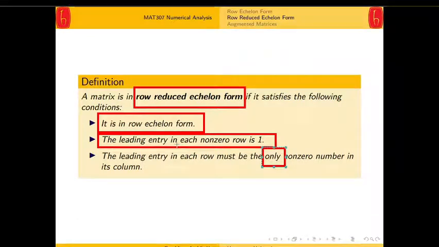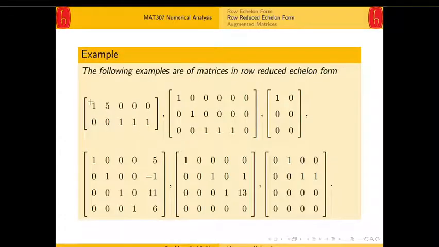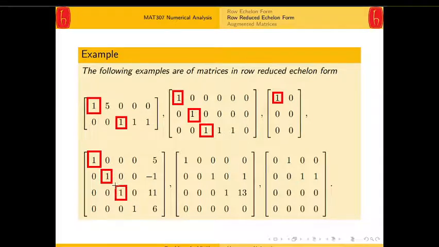The second condition requires the leading entries to be one. As you see, the leading entries are always one in these matrices. This one is one, and here we have ones everywhere as leading entries, and also here. So the leading entries are all ones.